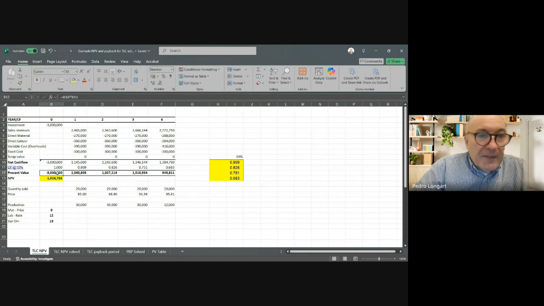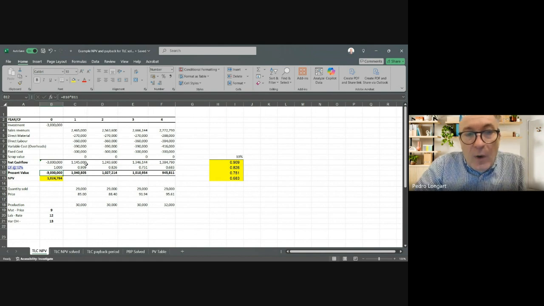So the net present value in year 0 is going to be minus 3 million. Eventually, you will be getting some value every year. How do I calculate the value? You simply get the value that you have here, which is the net cash flow. Remember, the sales minus all the costs give you 1145.